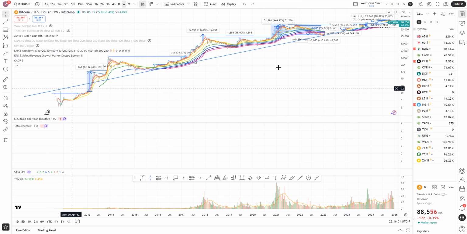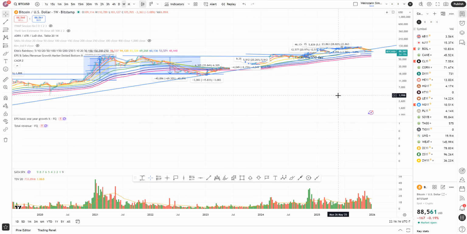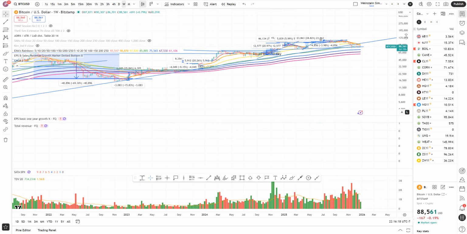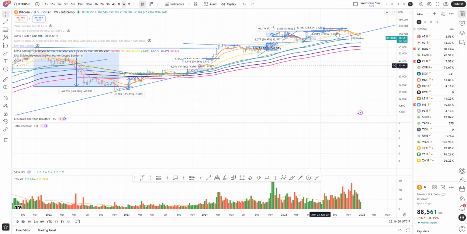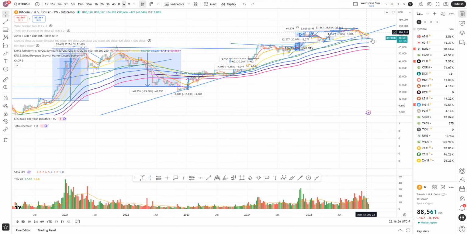It's not gone below it until a few weeks ago, so you can see in the top right corner. That's not dramatically terrible, but overall it's above all the moving averages here on the weekly, and that's a good sign.